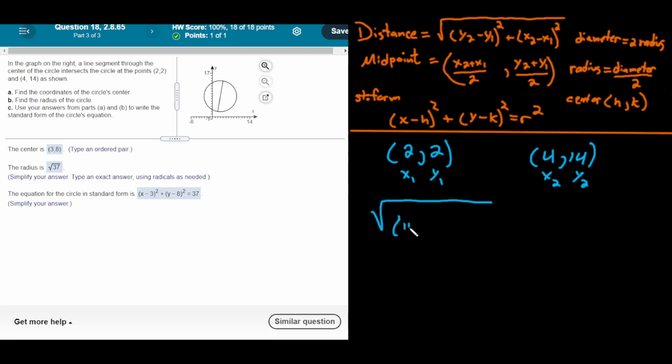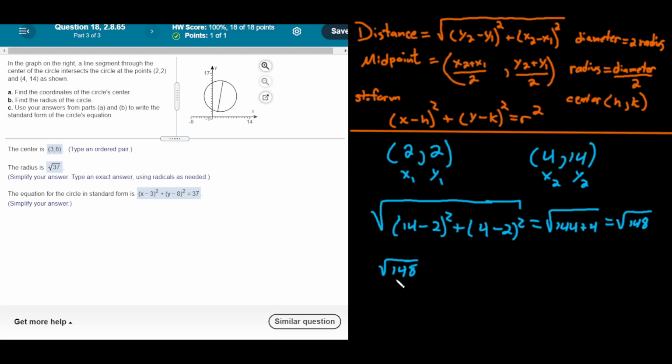Y2 minus your y1 squared plus x2 minus your x1, the whole thing squared. 14 minus 2 is 12. 12 squared is 144. 4 minus 2 is 2. 2 squared is 4. That's a weird number. This is the square root of 148. So yeah, I can see why our way was better.